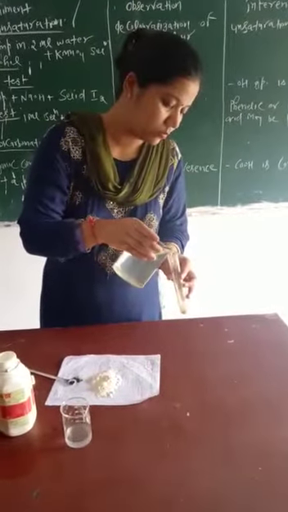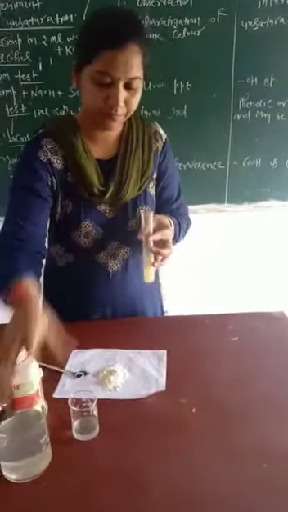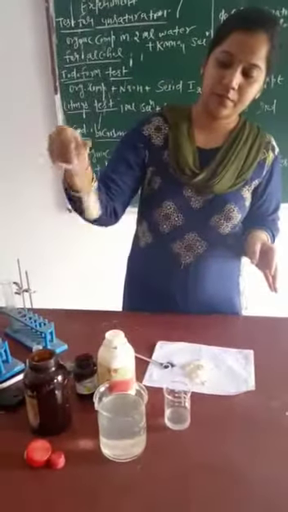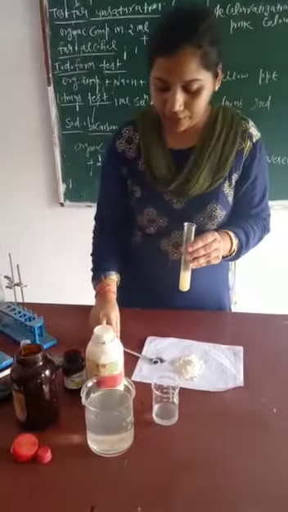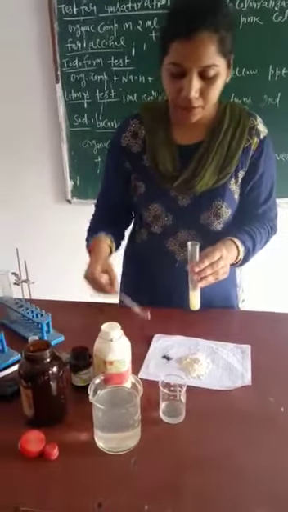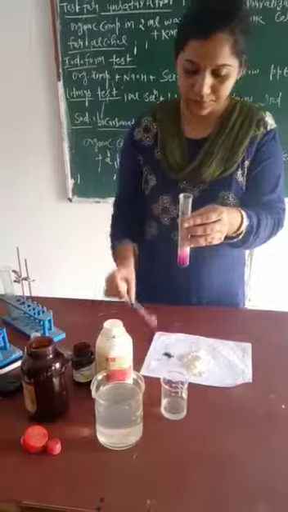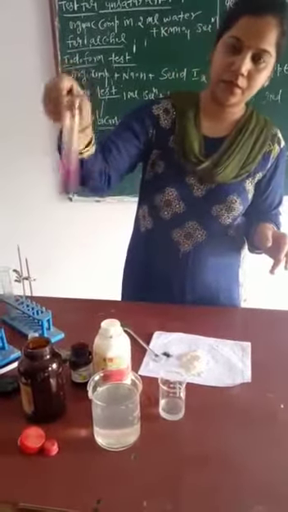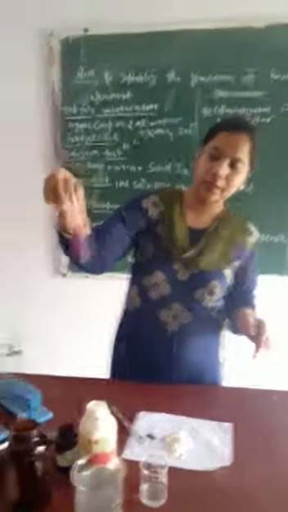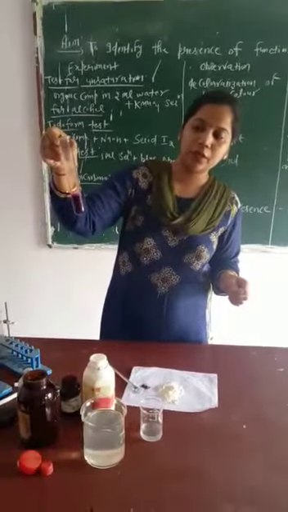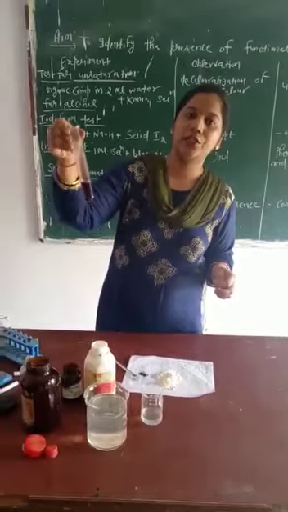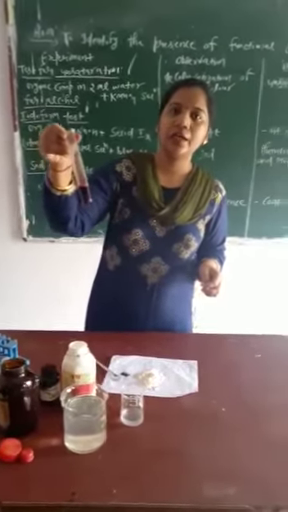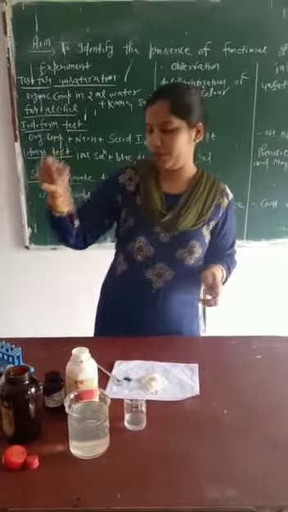But first of all, we will mix it and now we will add KMnO4 solution. You can see that the pink color of KMnO4 is not discharged. That means no unsaturation is present in the given organic compound.